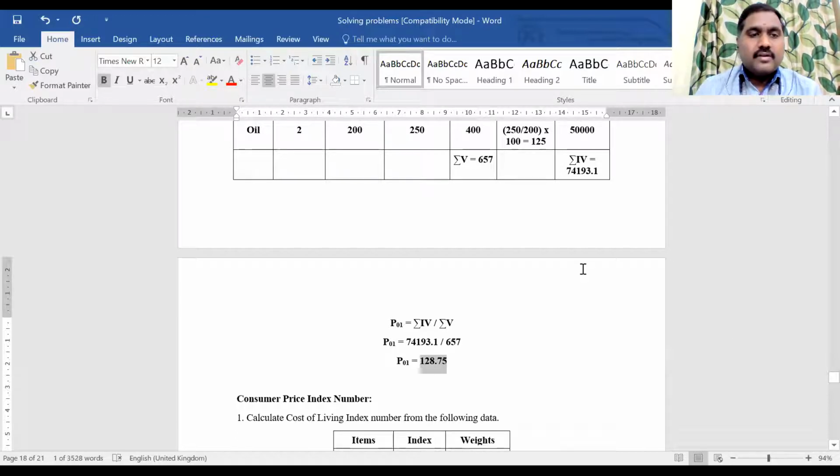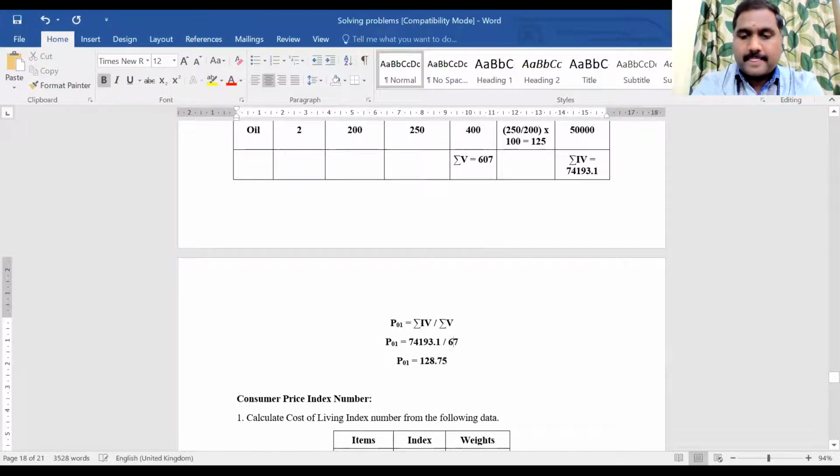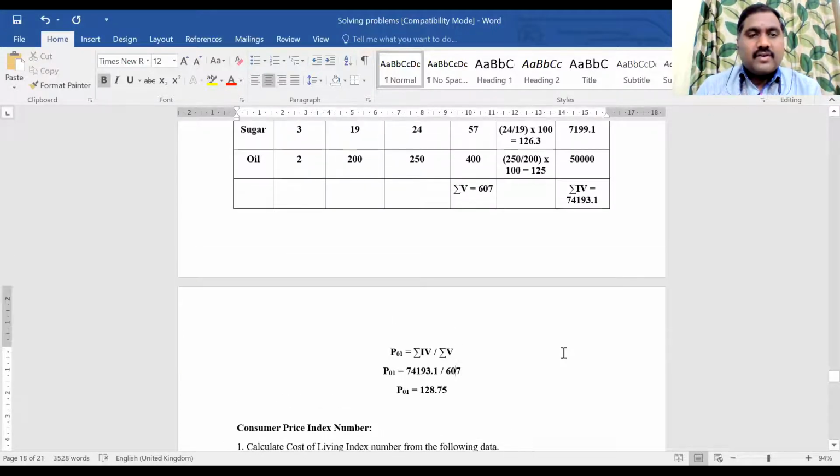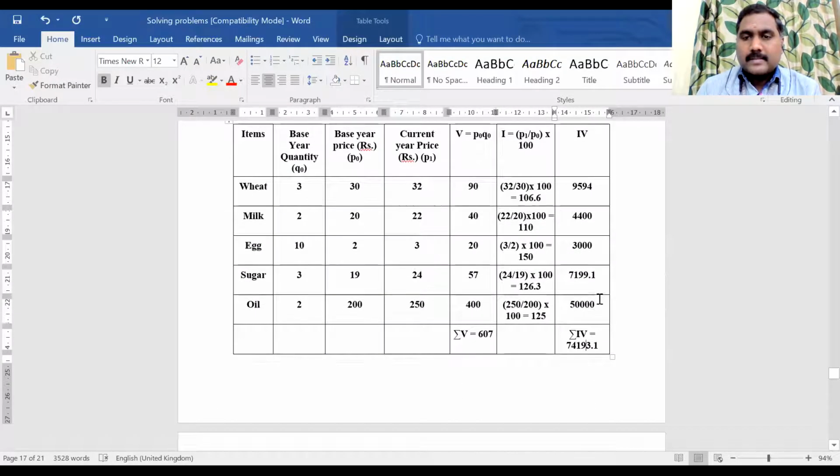Okay, 607. Summation IV value also there is a change. 74,198.5. How 198.5? Because only 0.1 is there. Which is the right one?